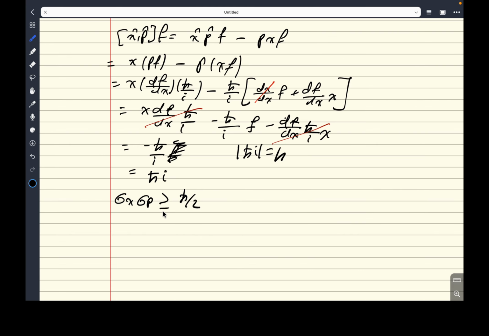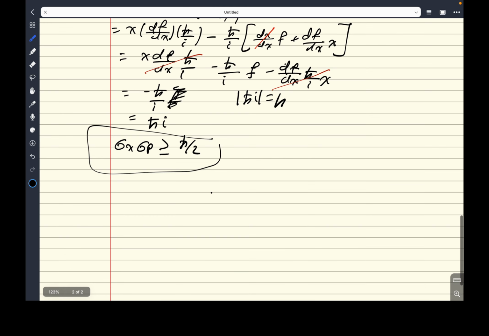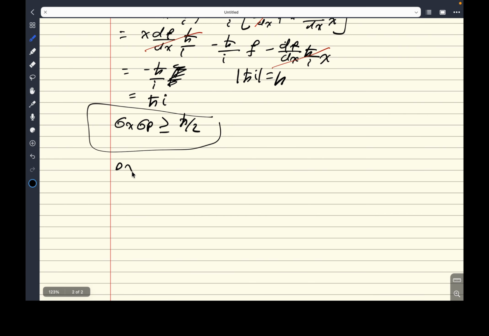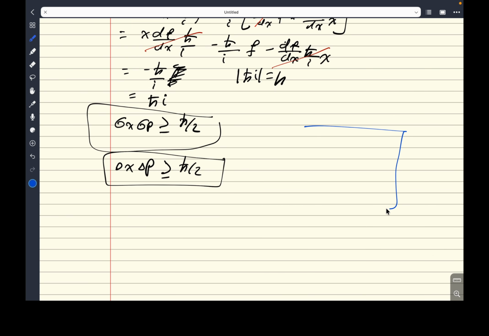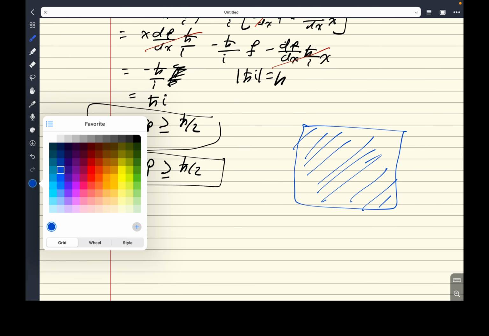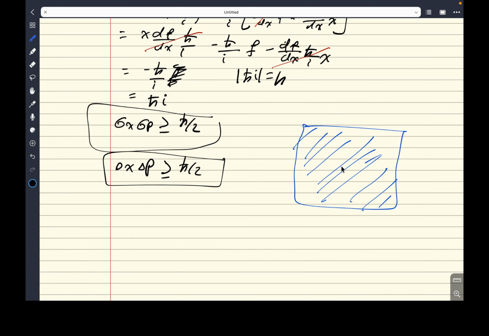So anyways, what does this mean? You might also see it written in this form: delta x delta p is greater than or equal to h bar divided by 2. What does this mean? Imagine that I have a lake here, filled with water, and I throw a stone here, and it creates a couple of ripples.